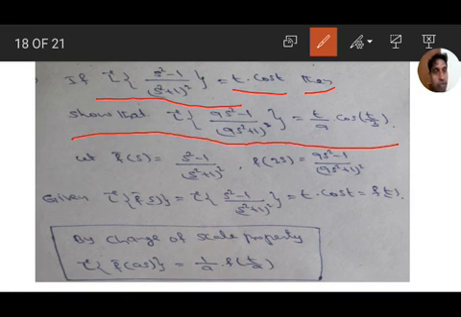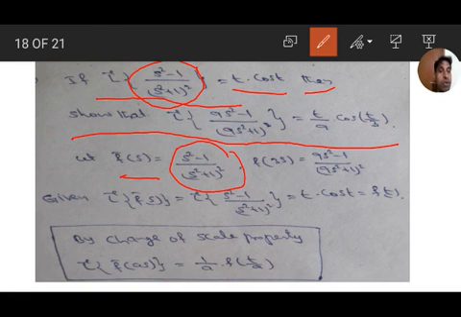Compare the given function, take it as f bar s, that is (s square minus 1) by (s square plus 1) whole square, and we need to find the inverse Laplace transform of (9s square minus 1) by (9s square plus 1) whole square. What is the relation between the given function f bar s and this function?